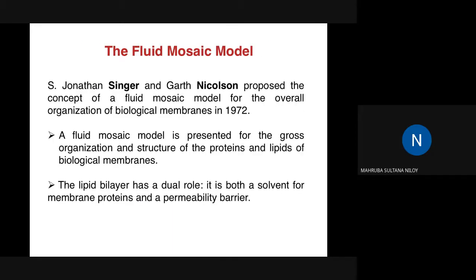Okay, so there is a model named the fluid mosaic model. I think everybody has heard of it, especially in high school level. Can anyone tell me about this model?